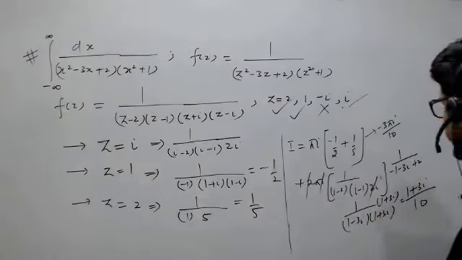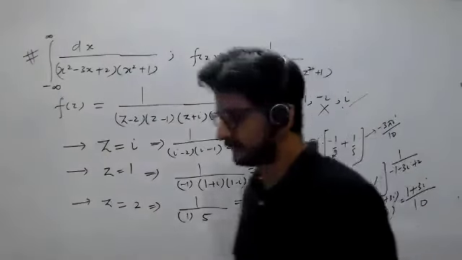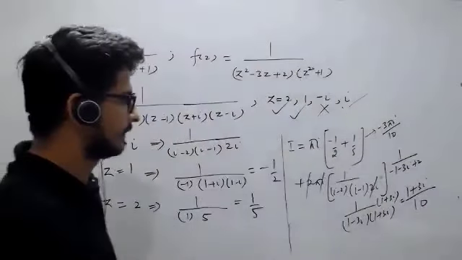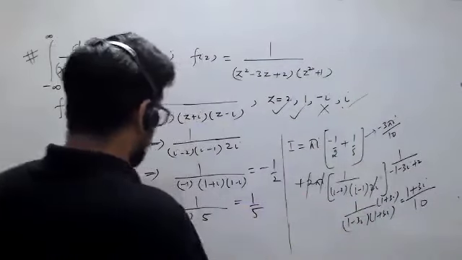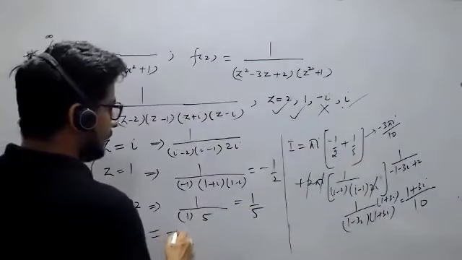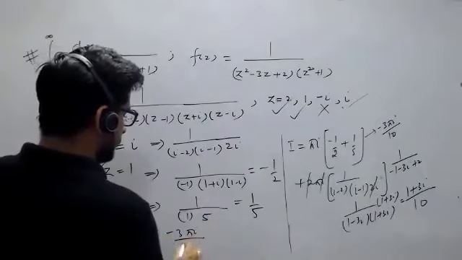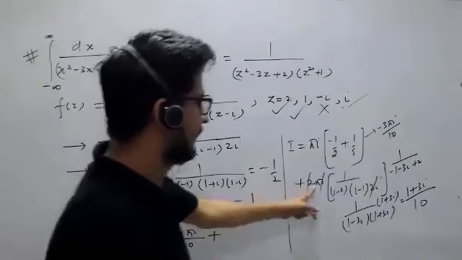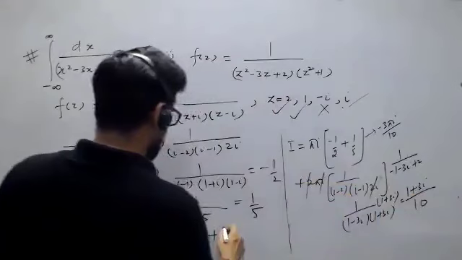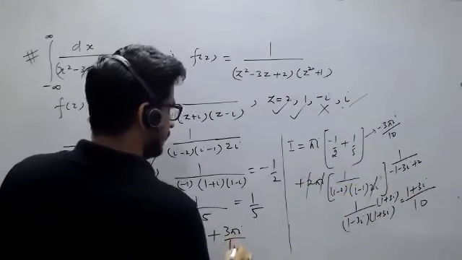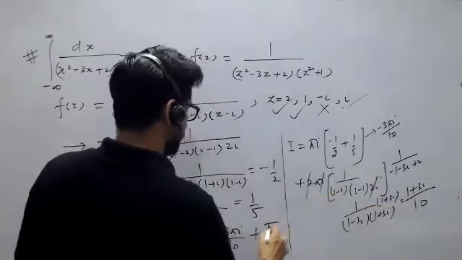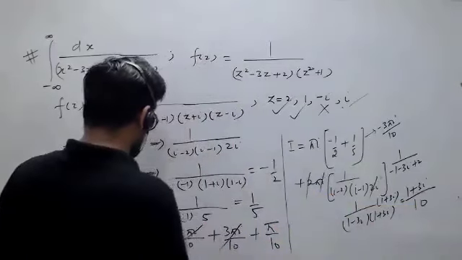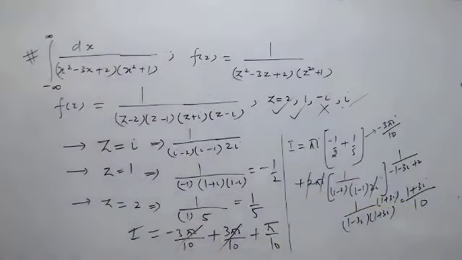Okay? So pi also. Sir, pi is there. So finally what will happen? It will be minus 3 pi I by 10 plus pi is here. So 3 pi I by 10 plus pi is here. So pi by 10. So this will be cancelled and pi by 10 is the answer.